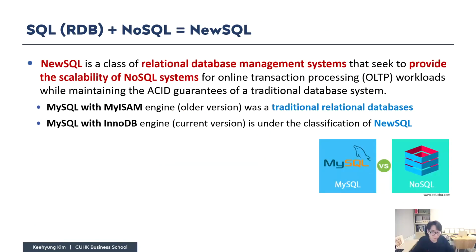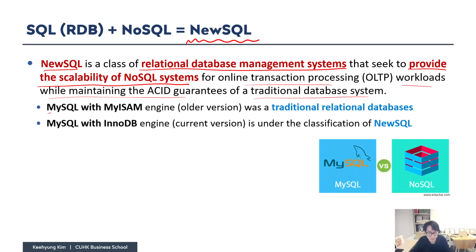Many of the companies who are adding NoSQL features into relational databases say that these are NewSQL. It's another term. I just want to briefly talk about this because some people are talking about this term. NewSQL is basically a class of relational database management systems that seeks to provide the scalability of a NoSQL system for online transaction workloads while maintaining the guarantees of the traditional database system.